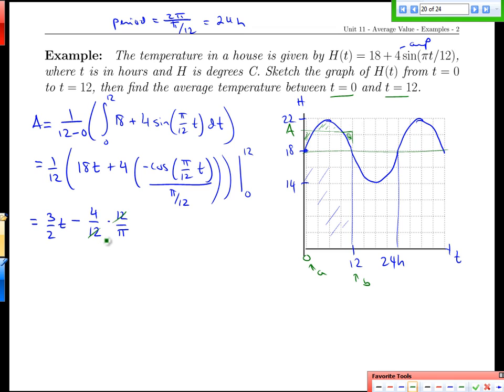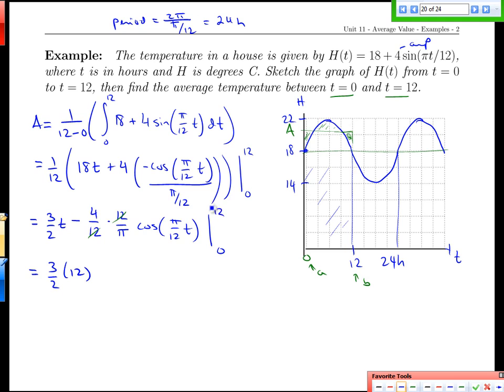Those cancel, and we've taken the negative already. So we have cos of pi over 12t between 12 and 0. It's well worth tidying this up before we go to sub in. And this should represent our average value. Again, it should be a number between 18 and 22. Let's see what we get.